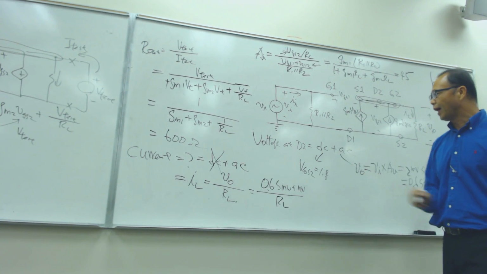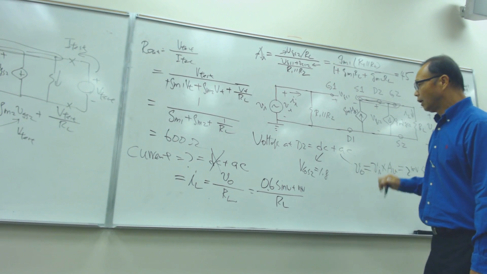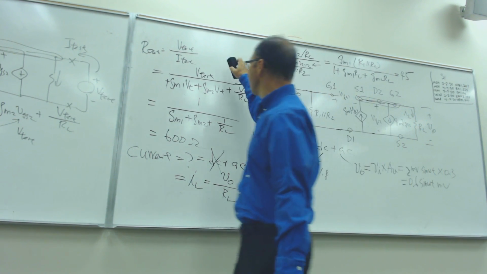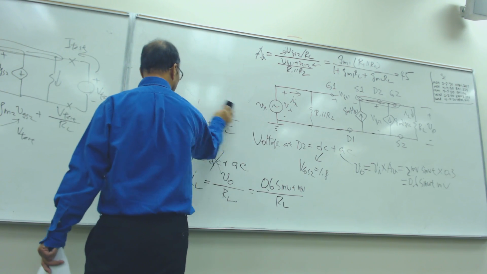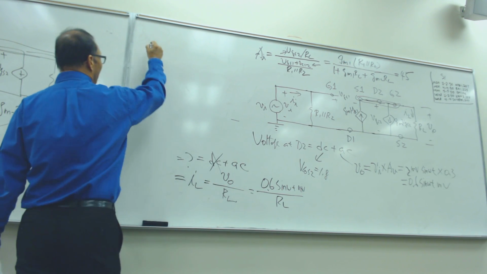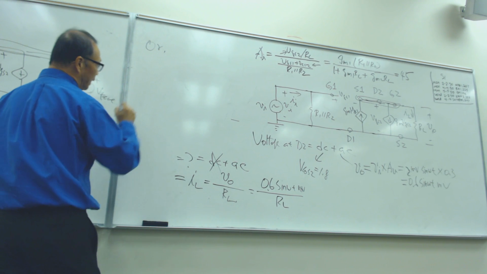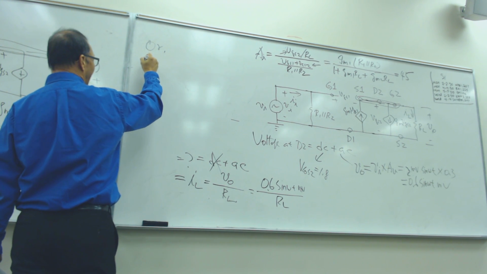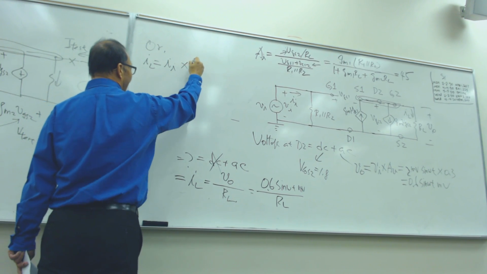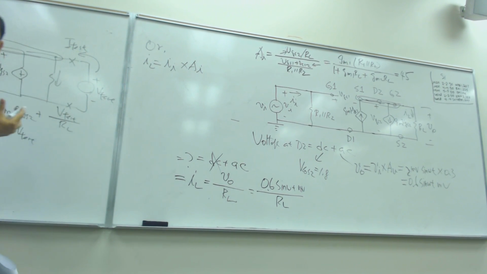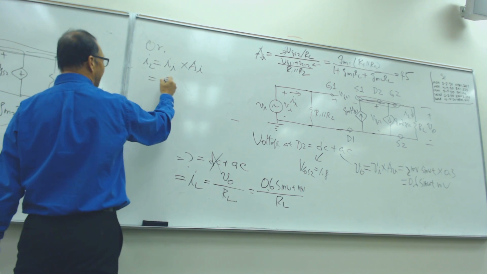Yeah, you can do that, or you can say I sub L is equal to I sub I times A sub I. Is it the same? Yeah. And what is I sub I?